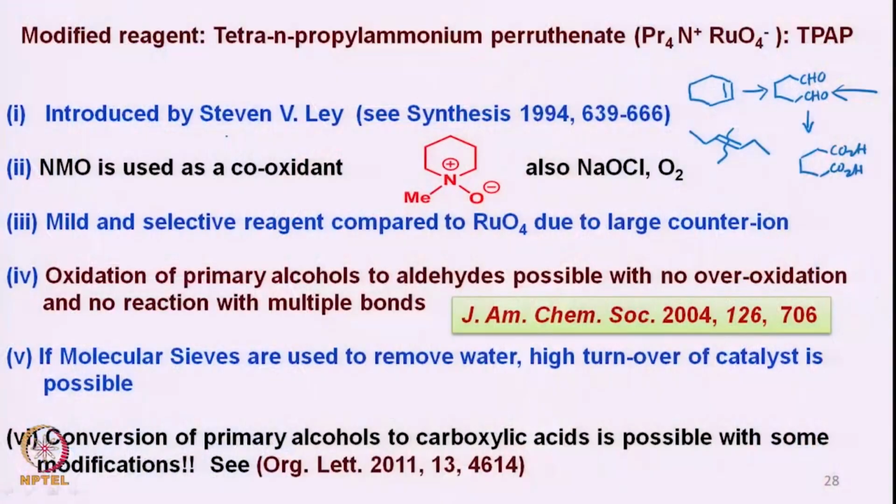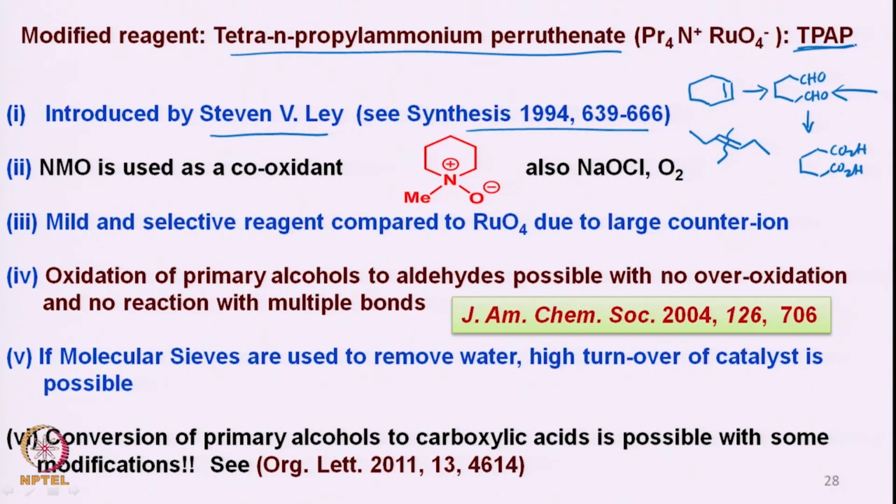But if such a cleavage does not allow us to stop the reaction at the aldehyde stage, and if one wants the aldehyde, then you unnecessarily go to the acid stage. Keeping these kinds of requirements in mind, Steve Ley in 1994 reported the introduction of a reagent which is tetra-n-propylammonium perruthenate, also popularly called TPAP.